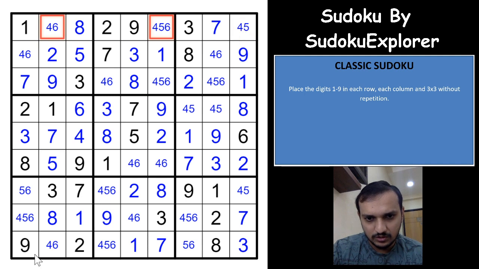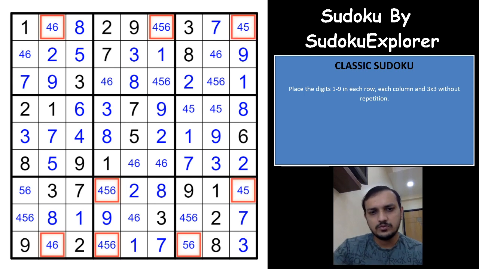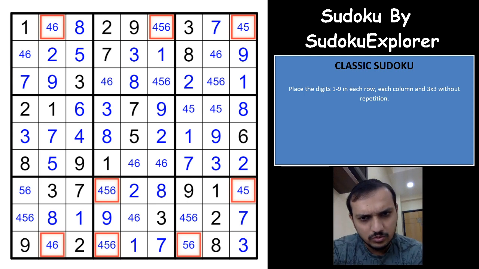For 6 you have these 2, these 3. Oh wait, for 4 1 2, so if this is gone, this is not for 4.